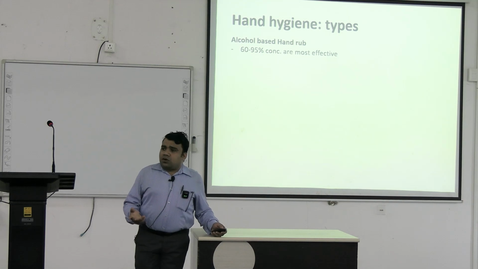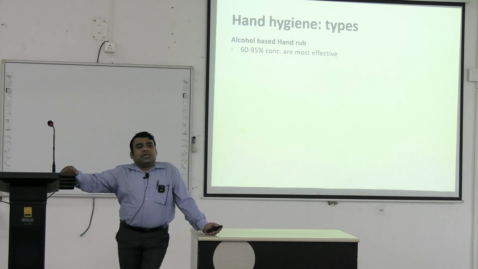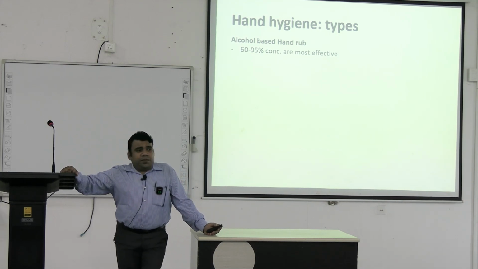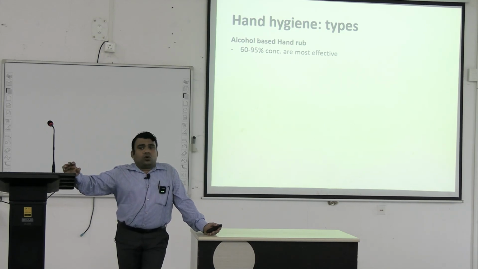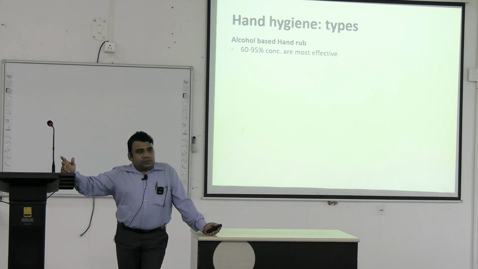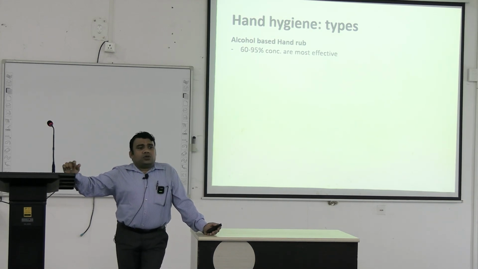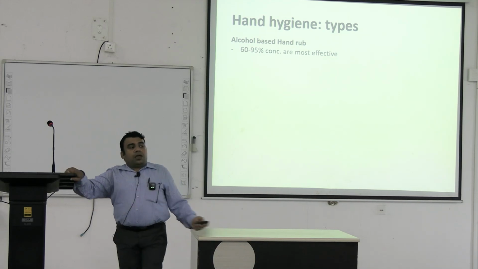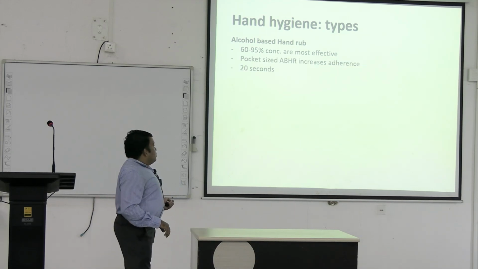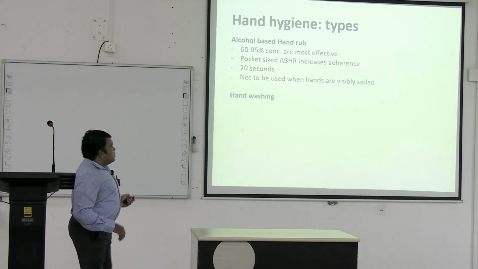The advantage of alcohol is that it acts as a dehydrating agent, so any pathogen will be dehydrated and denatured. Furthermore, alcohol evaporates, so you don't need to wash it off. So it takes very little time to use on the hands. Generally 20 seconds is required.